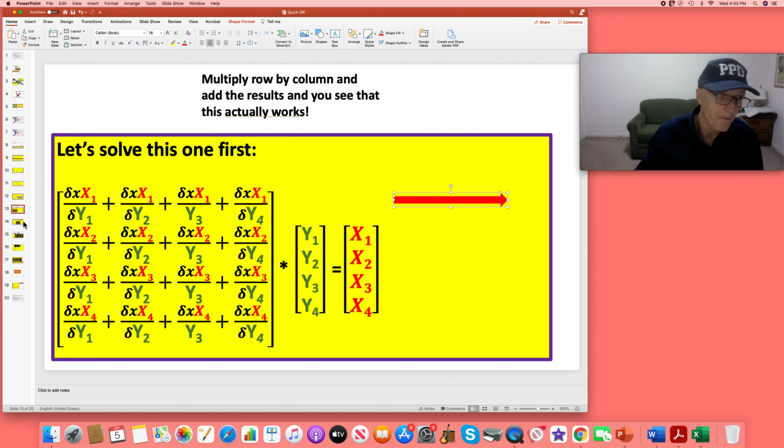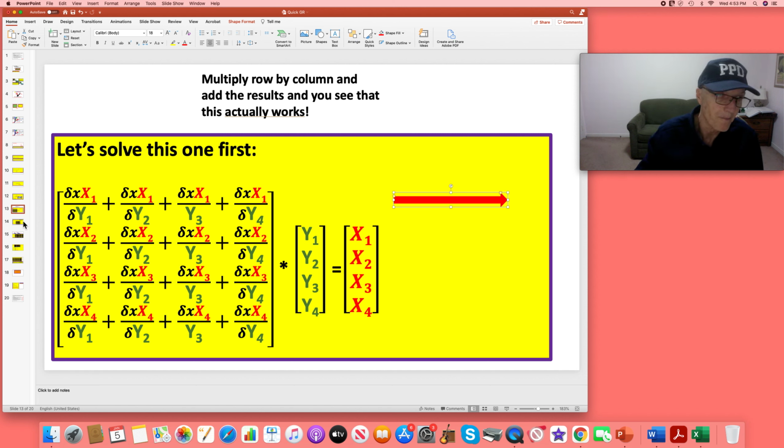It's all in x1, okay? There it is, x1. Then you take this same row here and multiply by this second column, and we get x2. It's all the little bits of contributions, which when you add them all up, you get x2.